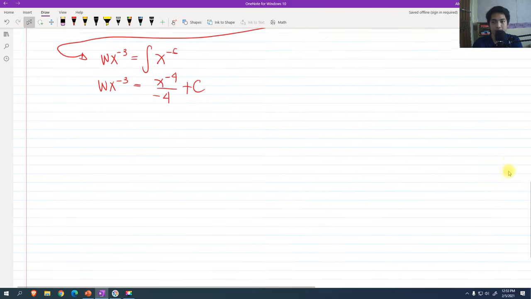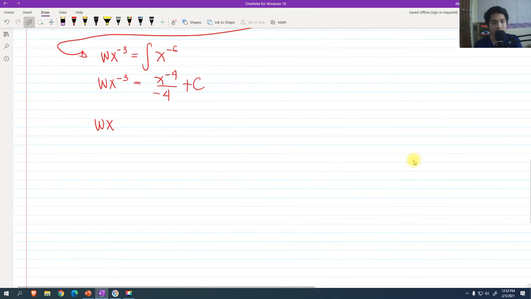And rewriting this equation, we have w x raised to negative 3, and then we have negative 1 all over 4x raised to 4. To get a positive sign for the exponent, we get the reciprocal. And then, of course, what are we going to do? We can multiply this whole equation by 4x raised to 4 to cancel the denominator.